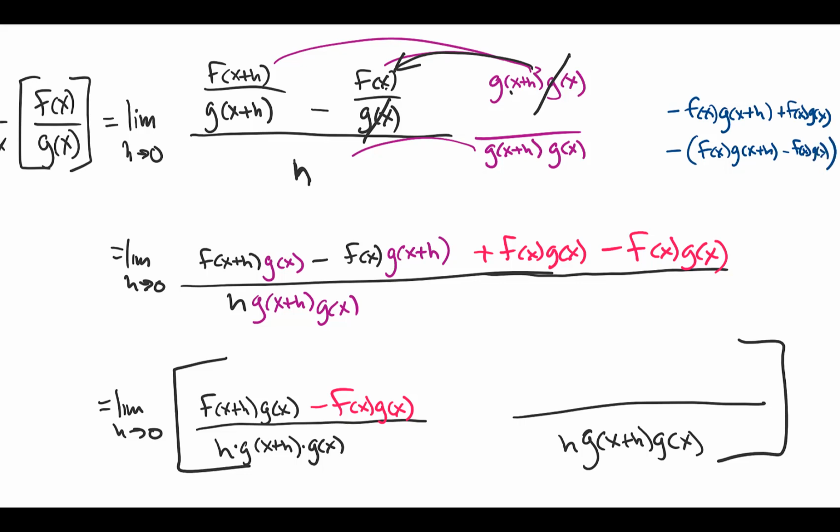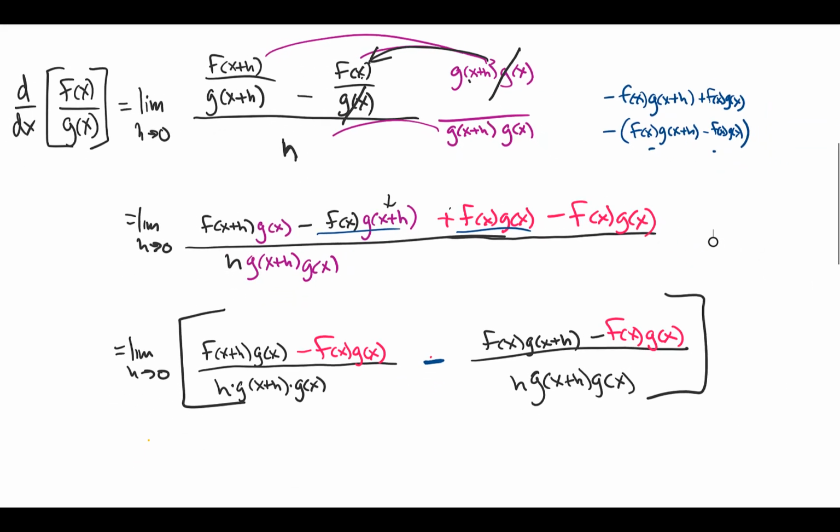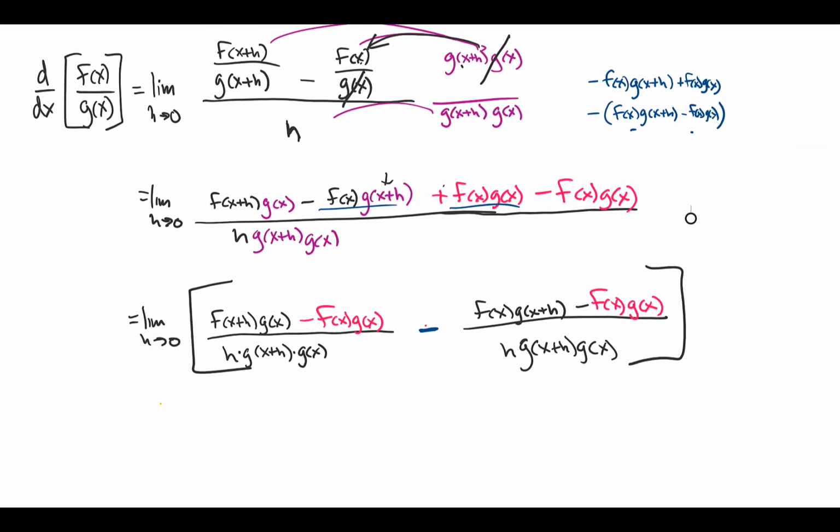That's what's going to happen to this fraction, because we're going to take this and this, and factor the negative out to the middle and create a minus sign. So it leaves us with f of x times g of x plus h from right here, and this piece is actually going to change to a negative, so we subtract out f of x g of x. It looks like we have two subtractions, but we don't. That negative goes in. So here we go.